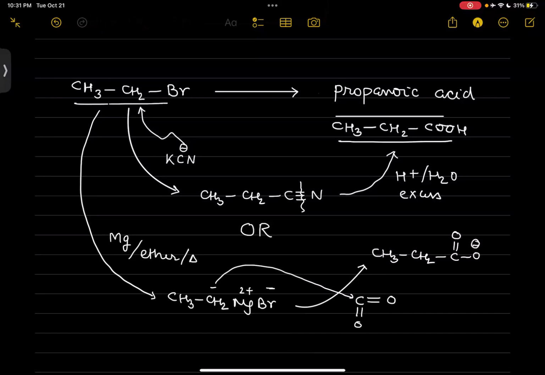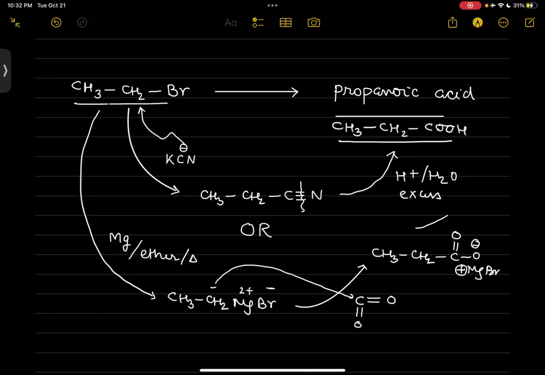The CO2 molecule already has 4 bonds on carbon, so when the Grignard carbon attaches to it, one of the C=O bonds becomes a single bond C-O minus. MgBr you can put here. Got it? Is it clear or not?